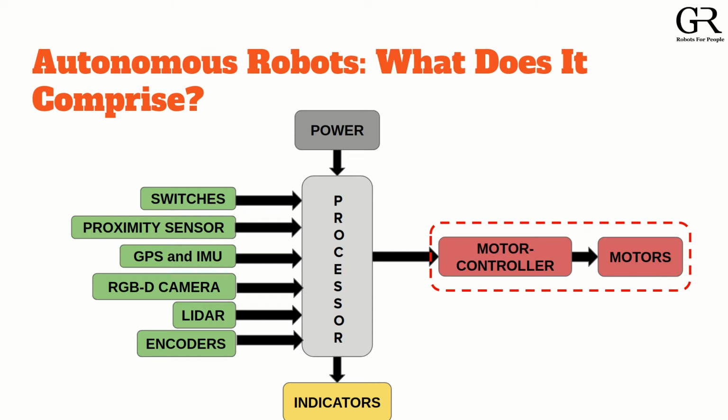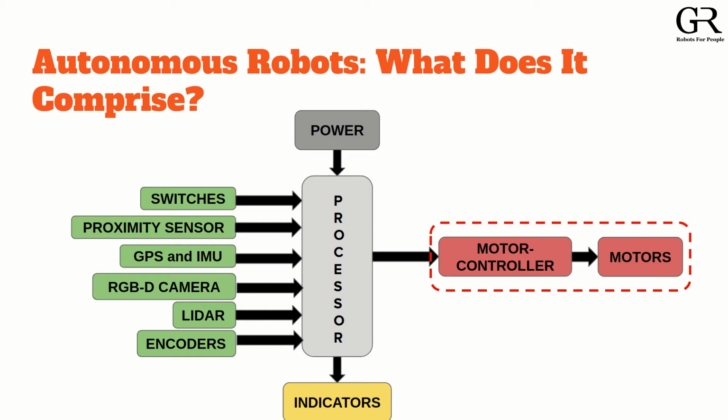So let's say you build a robot, and that robot has two different stages. In one stage your robot can act under manual control with your laptop or computer, and in the second it acts as an autonomous robot. In this case you can use different or multiple switches which can perform this switching between different states, manual switching. So for these specific reasons you can use switches in your robots.